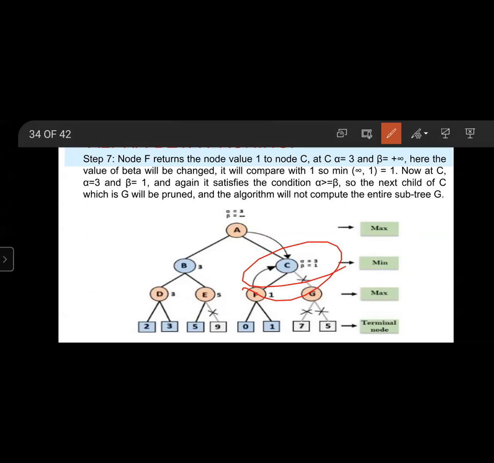So the next child of C, which is G, will be pruned, and the algorithm will not compute the entire subtree of G.